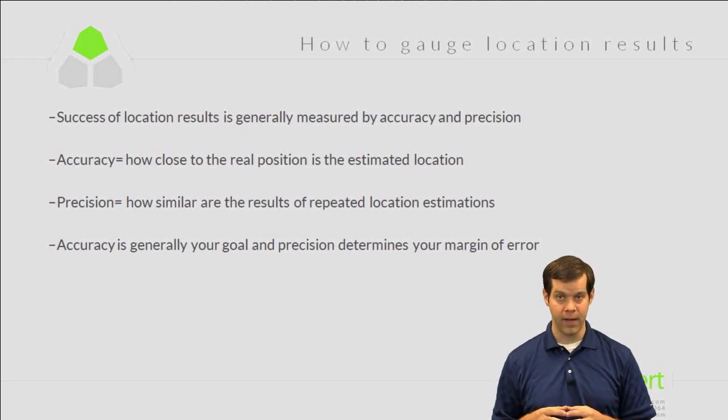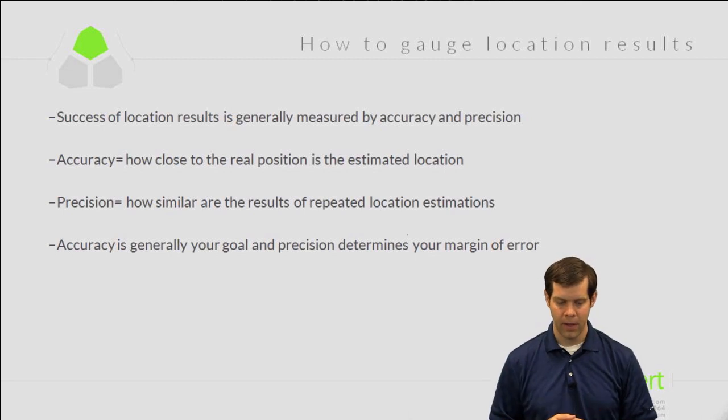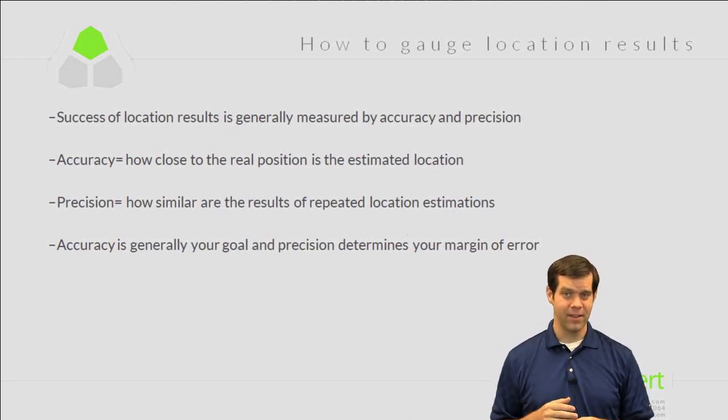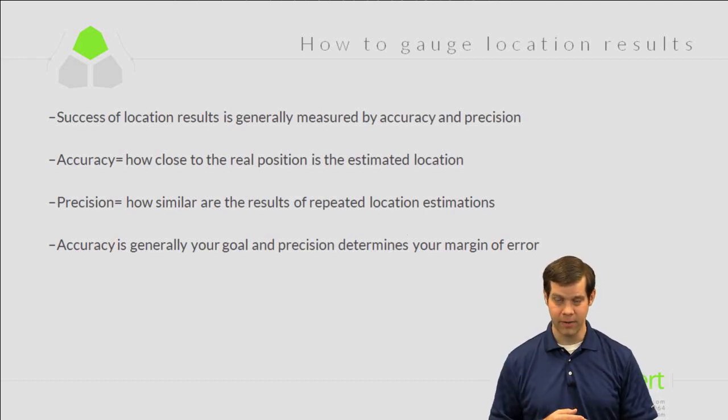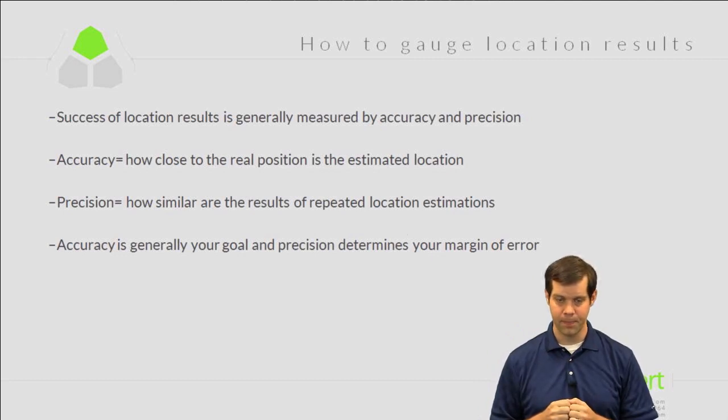If I'm very precise, thinking of target shooting, all of my shots will be in a really tight circle. It doesn't necessarily mean I'm super accurate, but they're all in a very small range. In general, accuracy is your main goal, because that's going to get you closer to where the client actually is over time. Precision is really your margin of error: the more precise you are, the tighter your circle is.